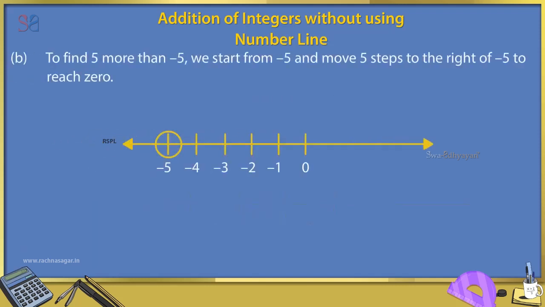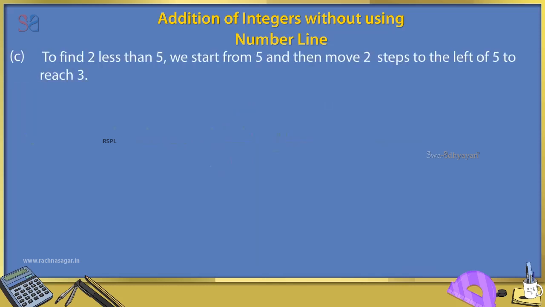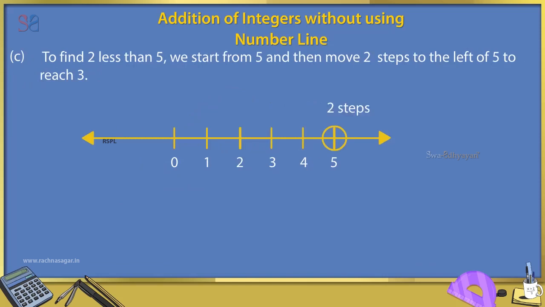B. To find 5 more than -5, we start from -5 and move 5 steps to the right of -5 to reach 0. Therefore, -5 plus 5 is equal to 0. C. To find 2 less than 5, we start from 5 and then move 2 steps to the left of 5 to reach 3.